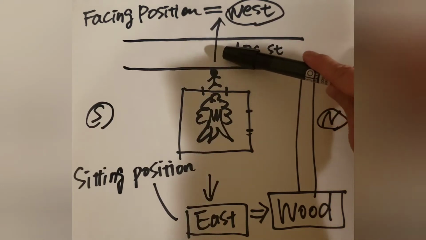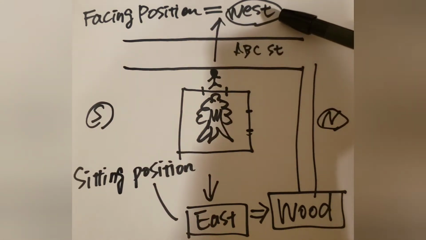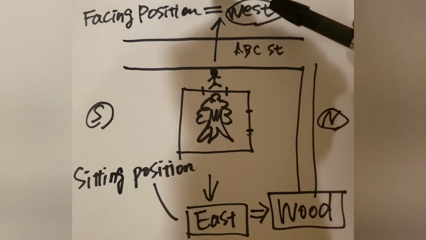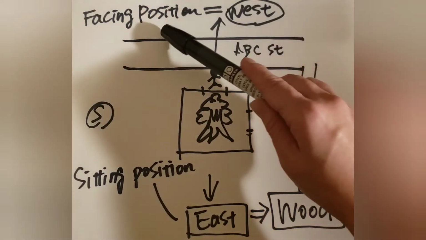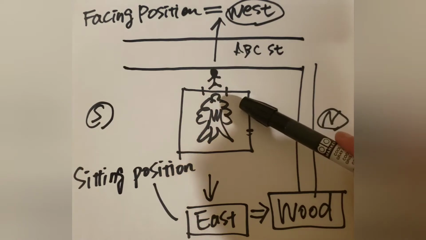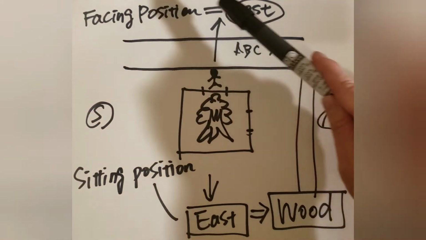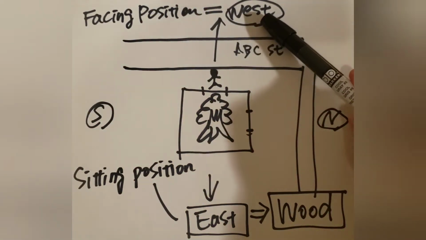That was toward west. So in this situation, we say this apartment building's facing position is west.